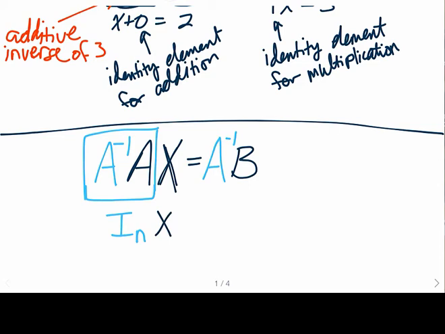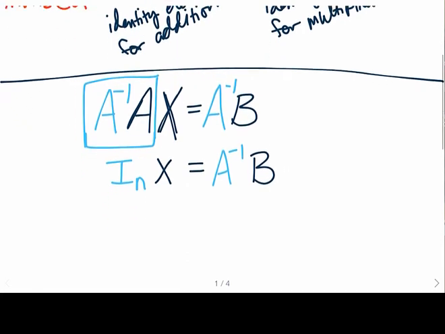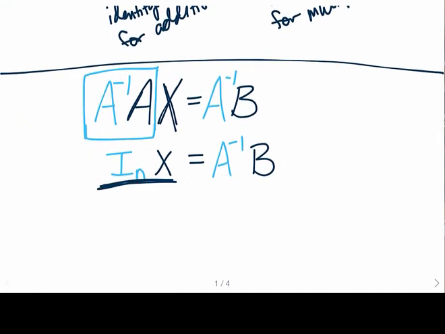So on the left-hand side, I'd have the identity matrix times X, and on the right-hand side, A inverse times B. Because the identity matrix is what it is, the identity matrix times X would simply give me X. And so ultimately, X would be the product of A inverse times B if I started out with the matrix equation AX equals B.